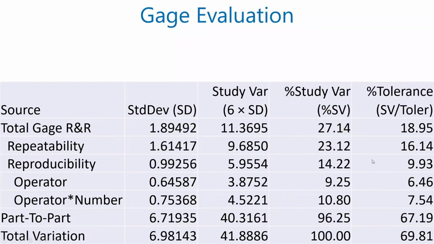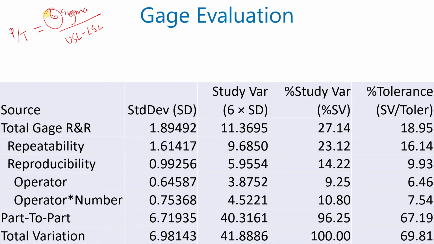The next table uses the spec limit. This is the gauge capability, the precision to tolerance ratio, calculated using 6 sigma divided by the upper spec limit minus the lower spec limit.